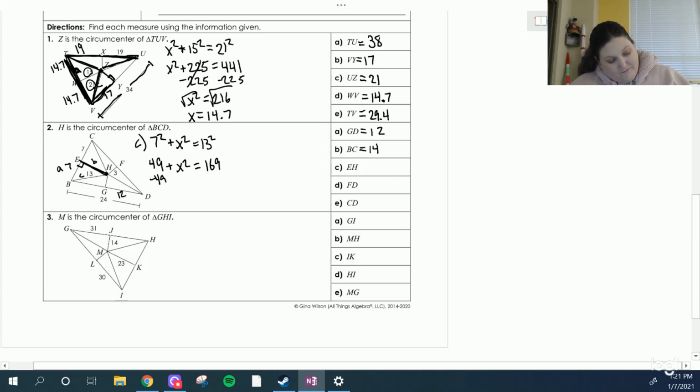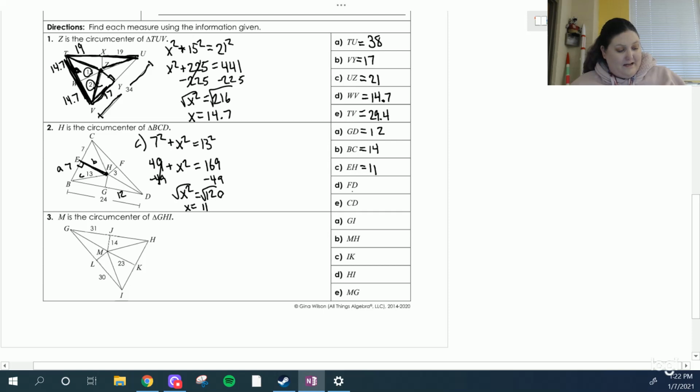We subtract 49 from both sides. X to the second power is equal to 120. And when I take the square root of both sides, I get x equals approximately 11. It rounds to 11. So EH is approximately 11.